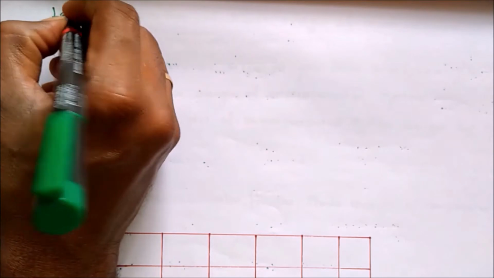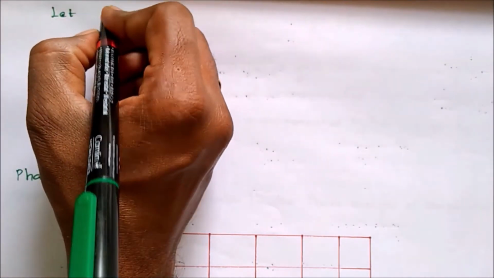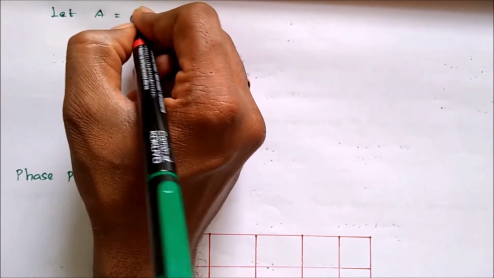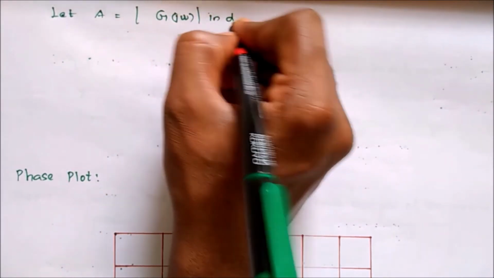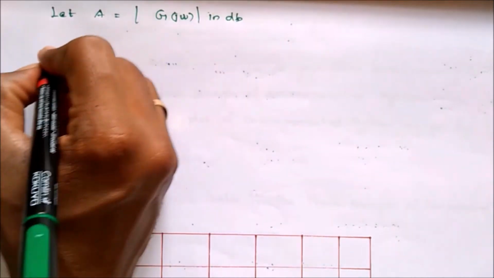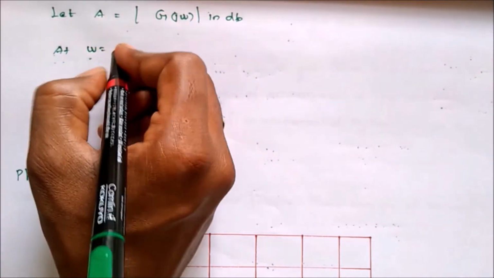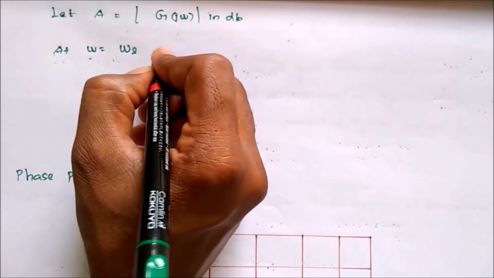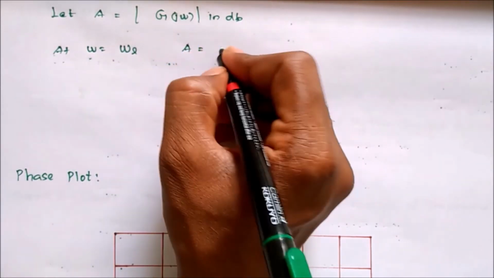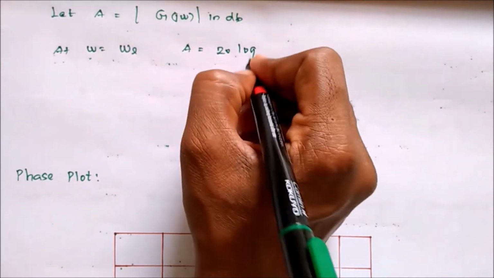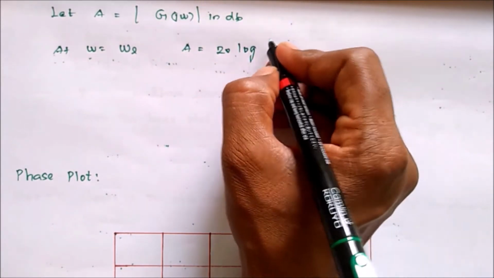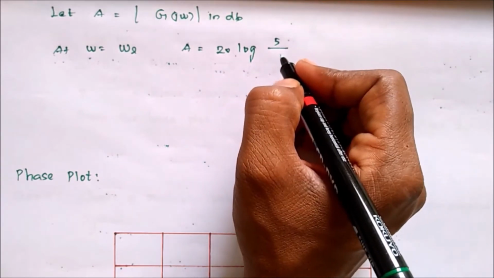We know the formula to calculate the gain is, let gain A equal to the magnitude of G of j omega in decibel. Now at omega equal to the lowest corner frequency, omega L, the procedure for calculating gain is A equal to 20 log of the first term.